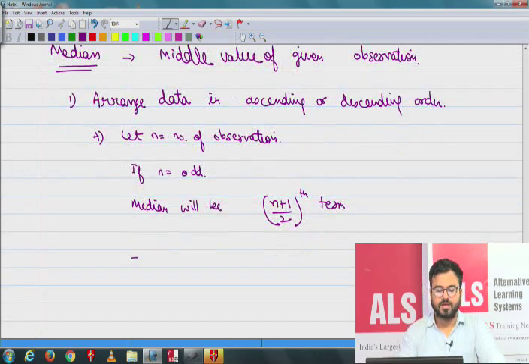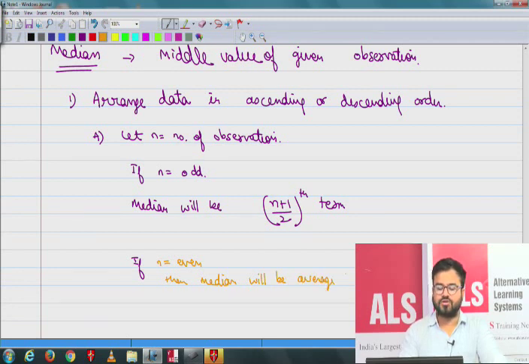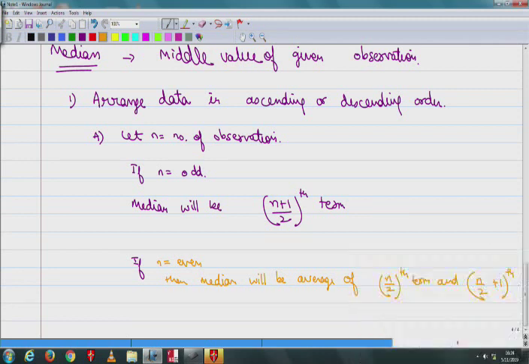Similarly, if n is even, which you have done in the 9th class also, then the median will be the average of the n by 2th term and the n by 2 plus 1th term. Make sure in the case of odd, it is n plus 1 by 2, and in the case of even, it is n by 2 plus 1.